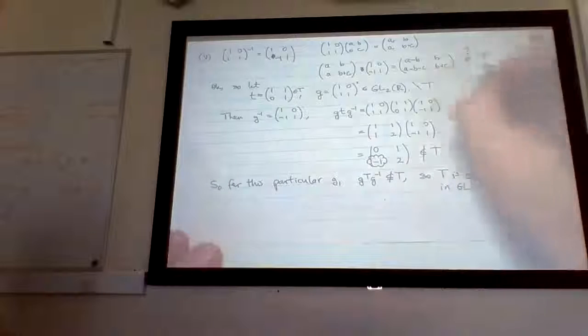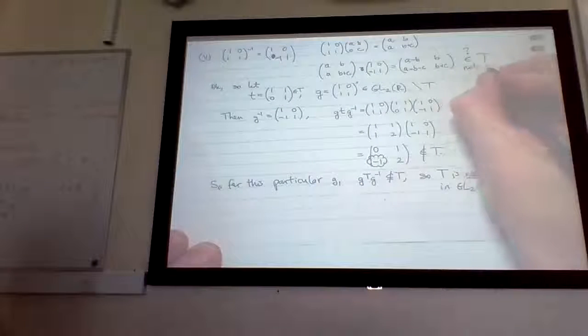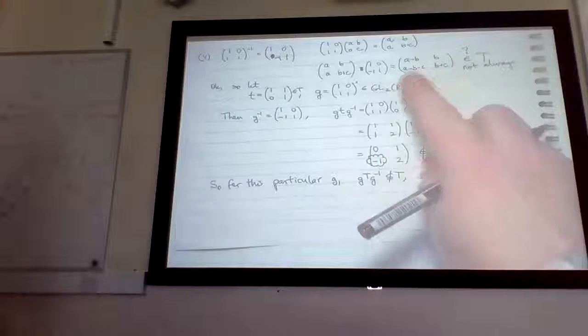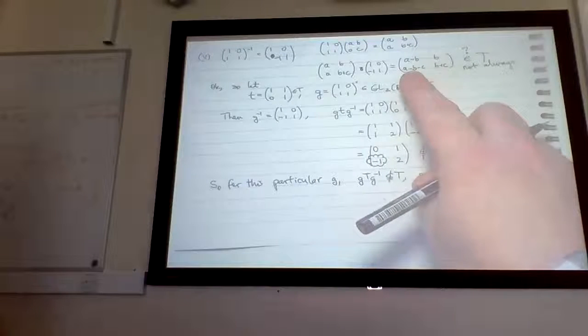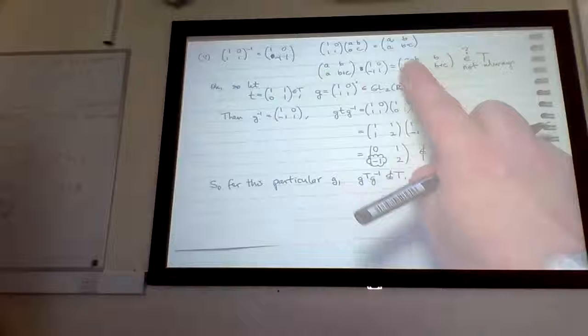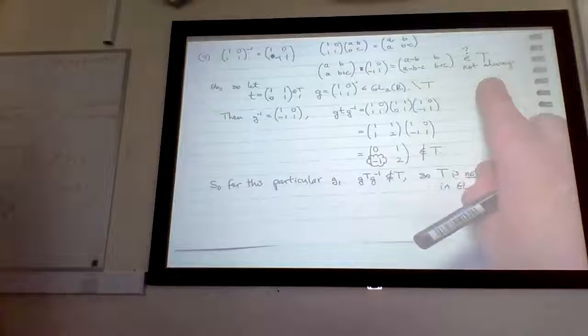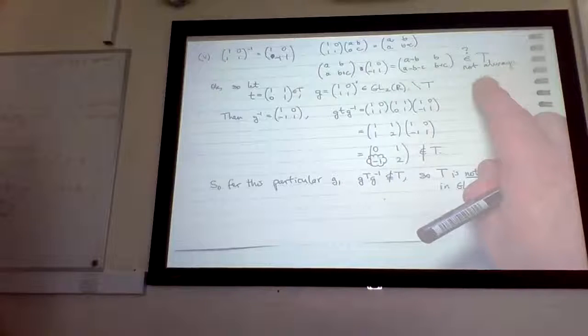So the answer to that question is not always. There would be some poor choices of little t. If you chose little t with A and B 1 and C 0, then you wouldn't find the counterexample, because we can't have C 0.